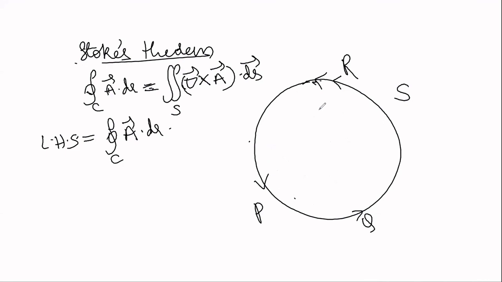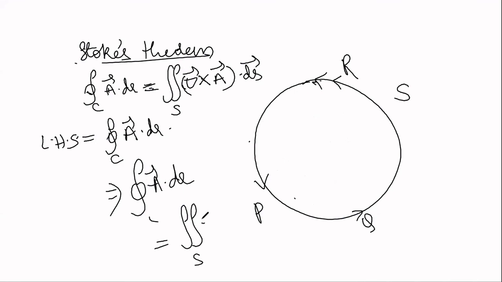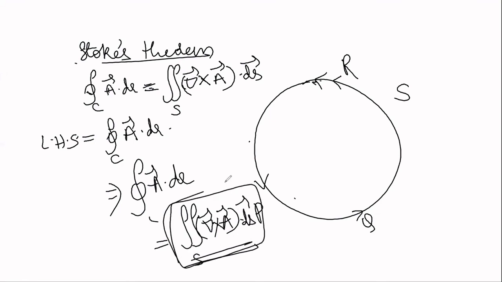That is equal to the line integral of A dot dr equal to the surface integral of curl of A dot dS. Okay, so this is my theorem. So we have proved that this is equal to the RHS, right?